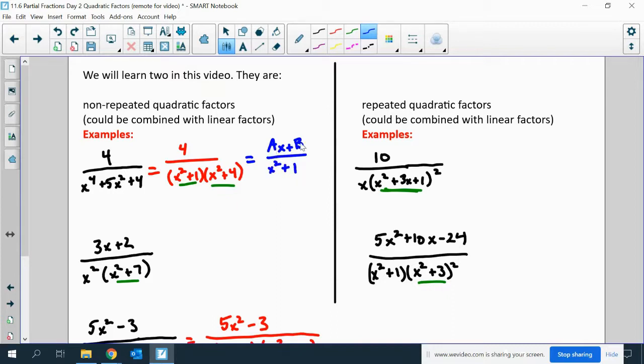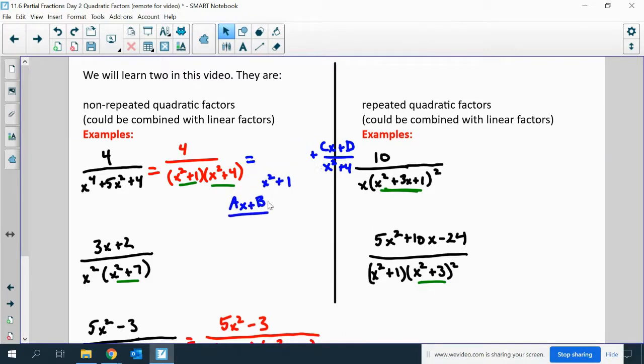So we would have (Ax plus B) over (x squared plus 1) plus (Cx plus D) over (x squared plus 4). That would basically be what we would write. That would be what my partial fraction decomposition looks like.